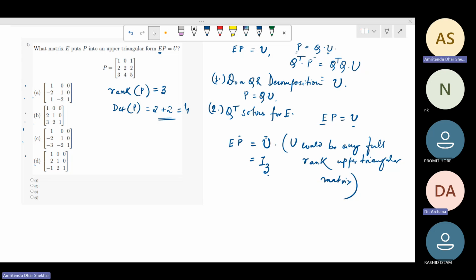Yeah, it could probably be a mistake in the question. All are lower triangular matrices.